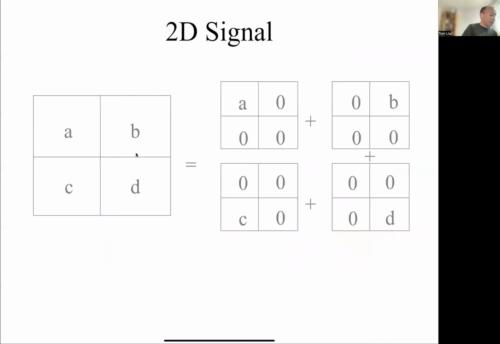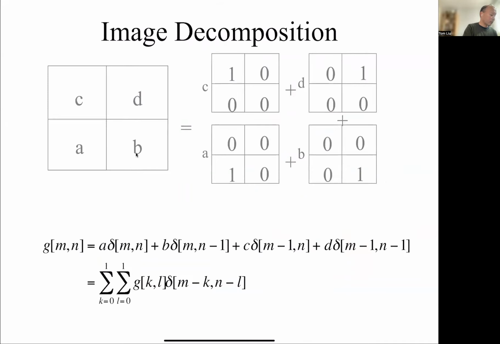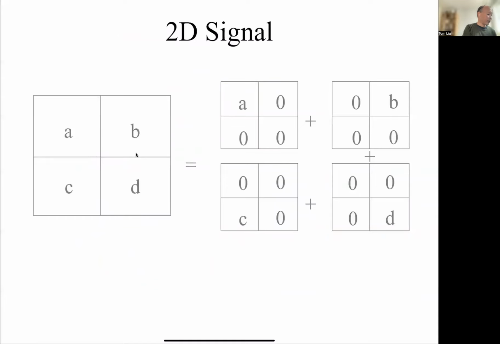For example, here's a 2D signal, A, B, C, D. For the next one we'll do the math, but here, just convince yourself that this 2D image, which has 4 values in it, and we're assuming it's a discrete image, so it's just got values A, B, C, and D, you could break it into 4 different images.